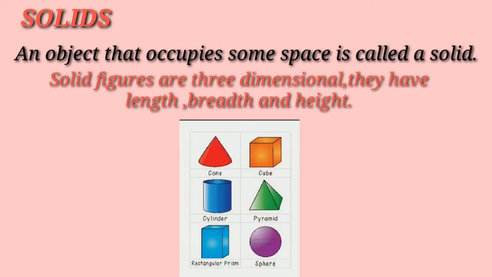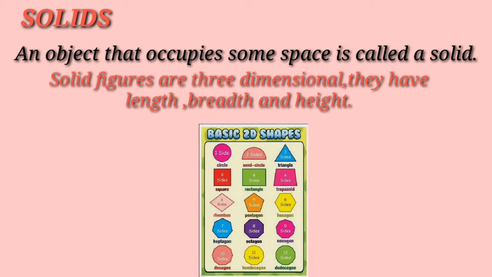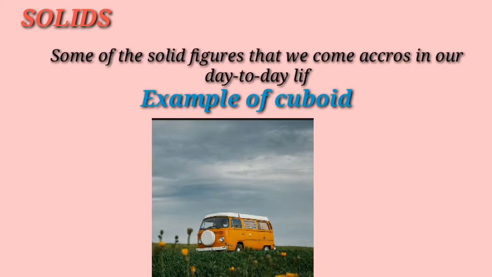Look at all these solids. Whereas 2D shapes are the shapes which have only length and breadth. Children, let's take a look at the solids which we come across in our day-to-day life.